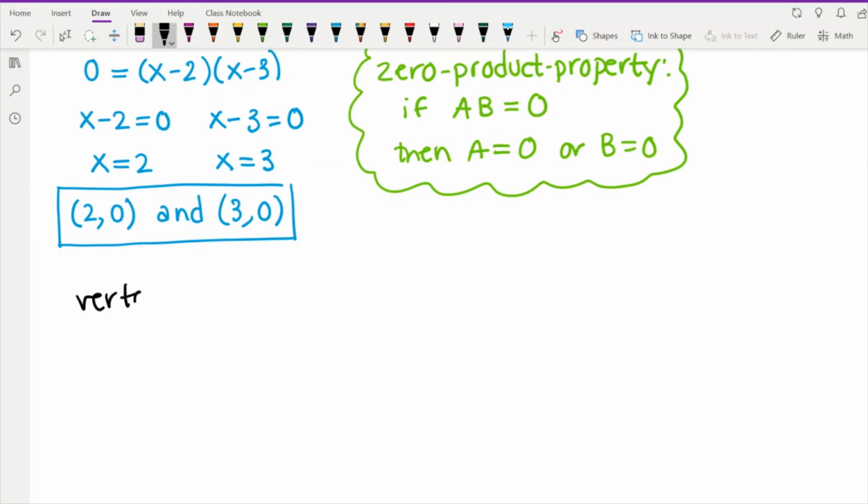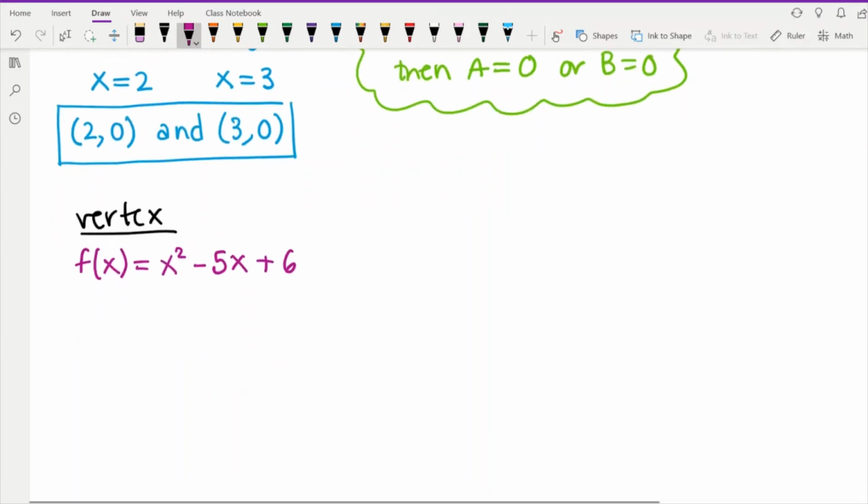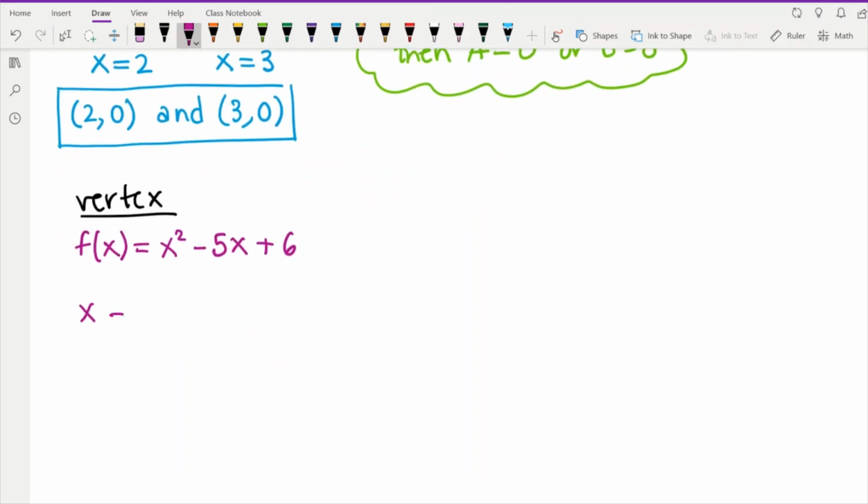So to find the vertex, we want to take our equation. So our function was x squared minus 5x plus 6, just to remind you. And so the x coordinate of the vertex is going to be negative b over 2a. And so in this case, b is negative 5, right? b is the number that we're multiplying with x, so that's negative 5.